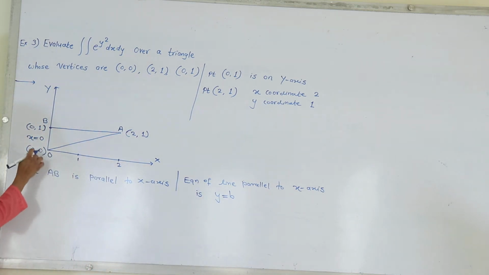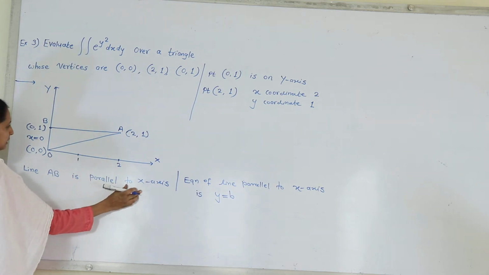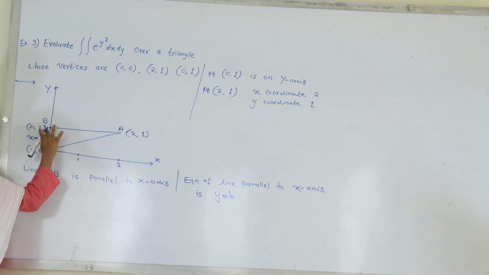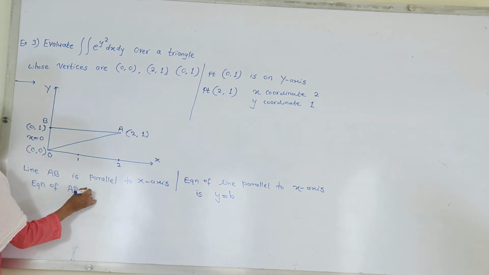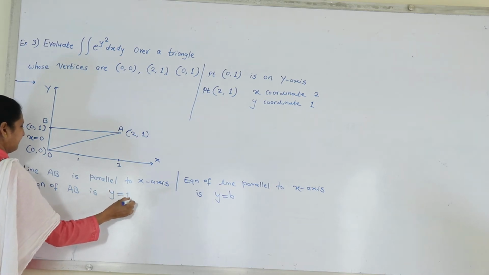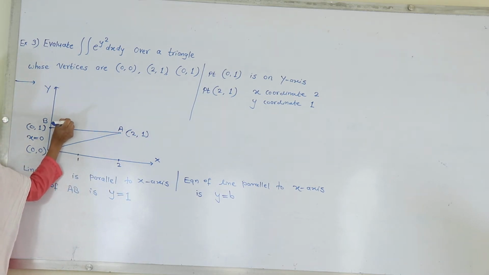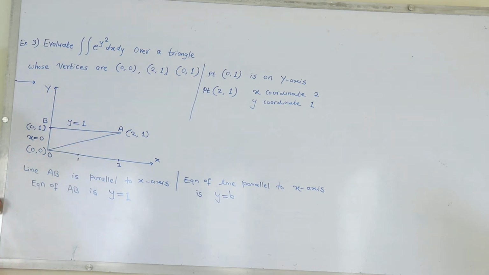Here the line AB is parallel to the x-axis, and the y distance is 1 here, therefore the equation of AB is y is equal to 1. Upper line, this is y is equal to 1.